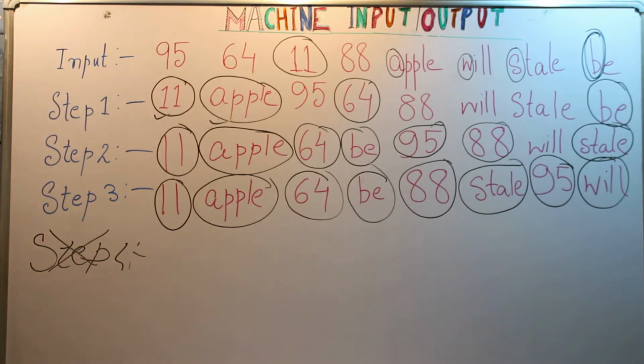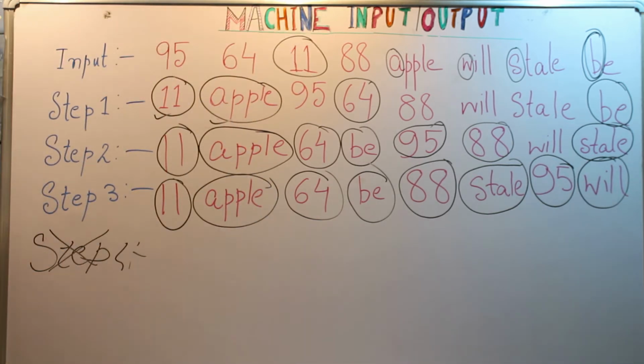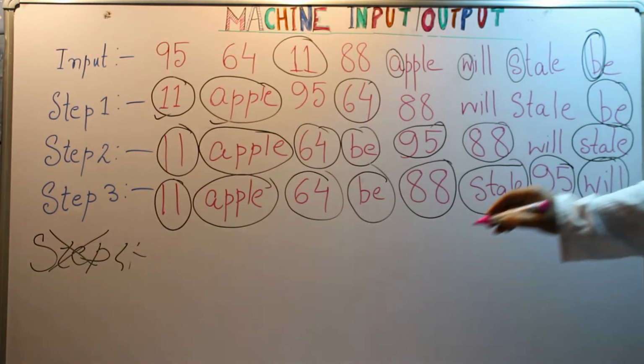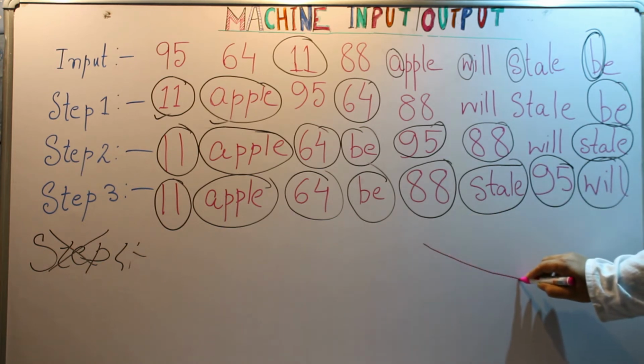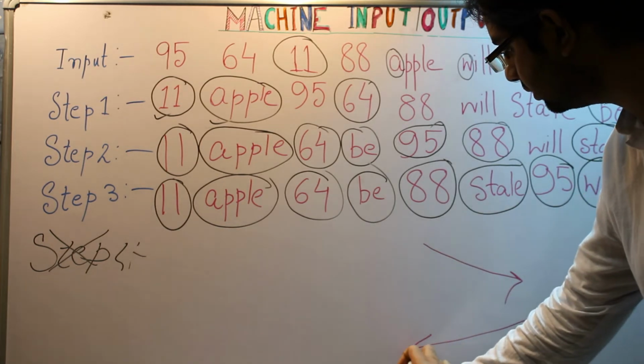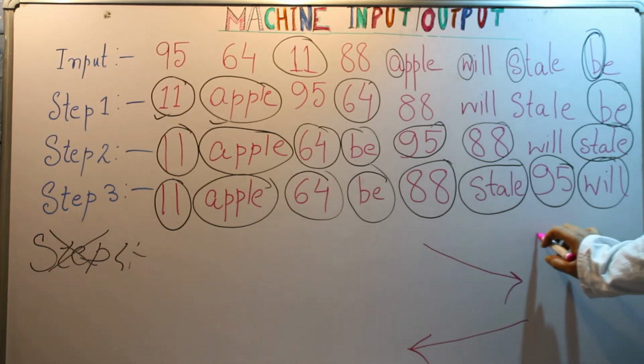Before this, the thing which I want to mention is, you see the pattern here. The pattern can be either like this, or the pattern can be like this. Okay? And there can be many different patterns.